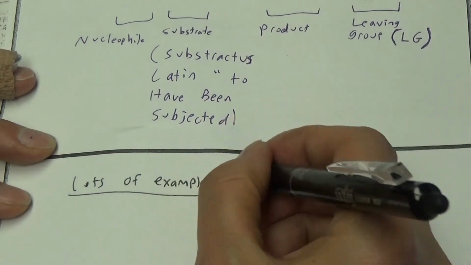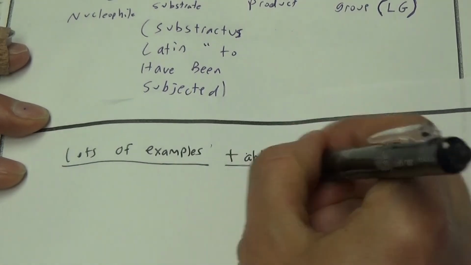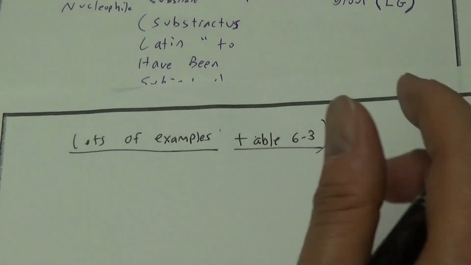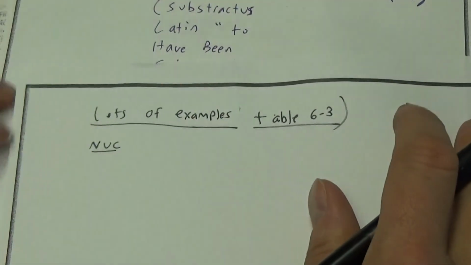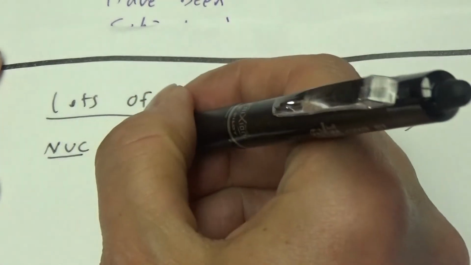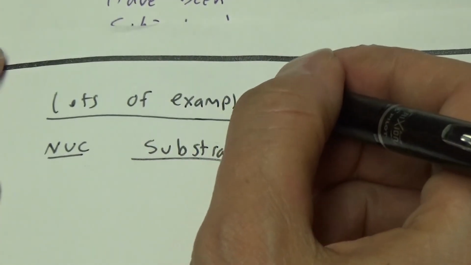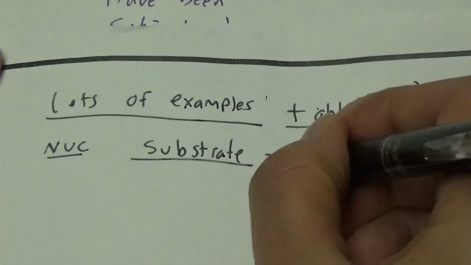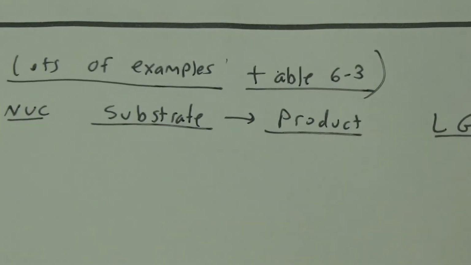I think there's a table 6.3 in the textbook, so you can see more examples and tons of examples. What I'm going to do is list the nucleophile on the left, then the substrate next to it, and then the product and the LG. What does LG stand for? The leaving group. Okay?